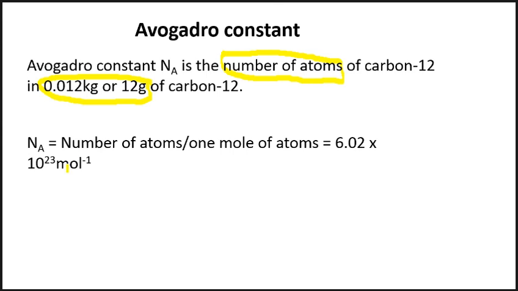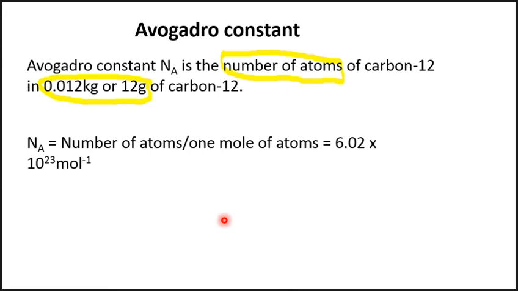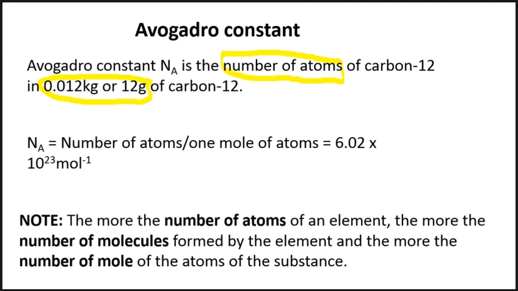Now you need to take note of some certain things as far as atoms are concerned. One of the key things you need to know is the fact that the more the number of atoms of an element, the more the number of molecules.